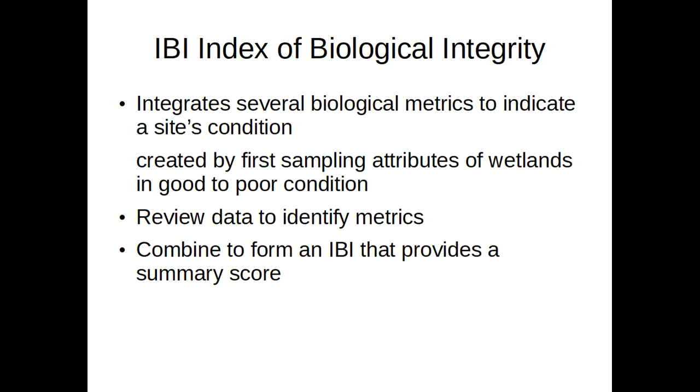The data are reviewed to identify metrics, which are attributes of the assemblage that show a predictable and empirical response to increasing human disturbance. After the metrics are tested and validated, they are combined into an IBI, which provides a summary score that is easily communicated to managers and to the public.